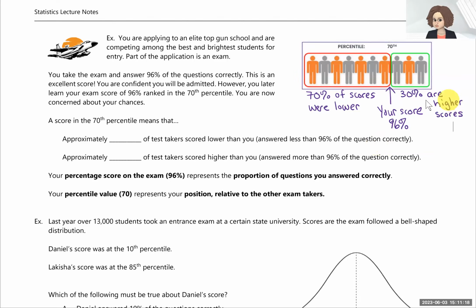So if the school can only take the people in the top 30% or 20% or 10%, so those very elite of the elite, even though your score was good, excellent, actually, the problem is with the best and the brightest students, everybody gets great grades. And so there were some people that outperformed your great score.